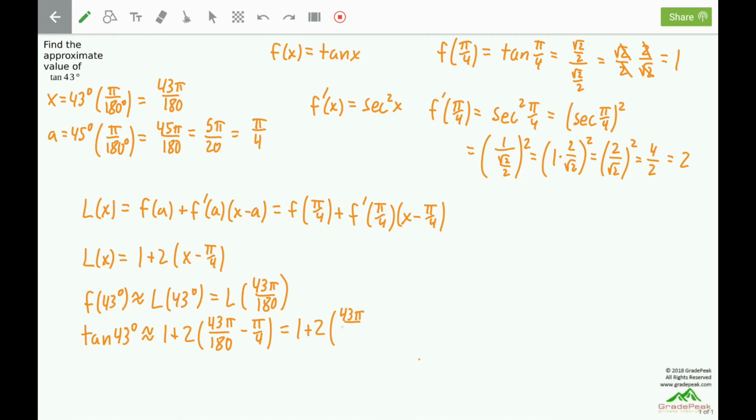43 pi over 180. We need a common denominator between the 180 and the 4, which will be 180. 4 actually divides into 180. 4 times 45, so we have to multiply the numerator and denominator by 45, which will give 45 pi in the numerator, and 45 times 4 is 180 in the denominator.